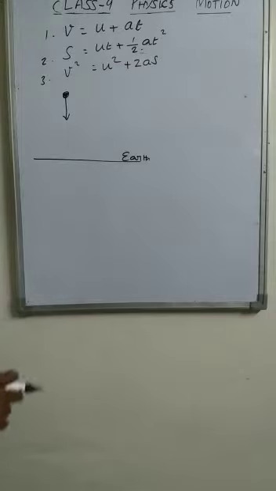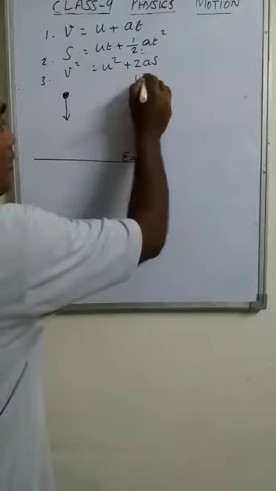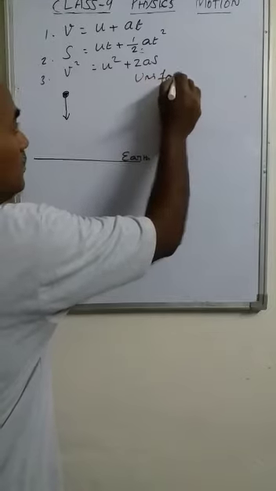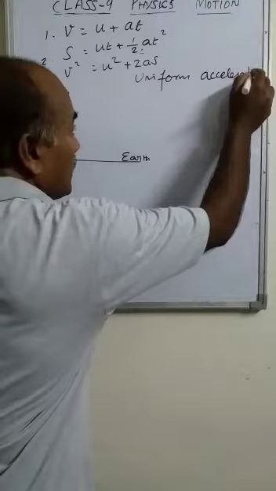In that case, we say that the object is moving under gravity. This motion of the object, when it is under gravity only, is also an example of uniformly accelerated motion.